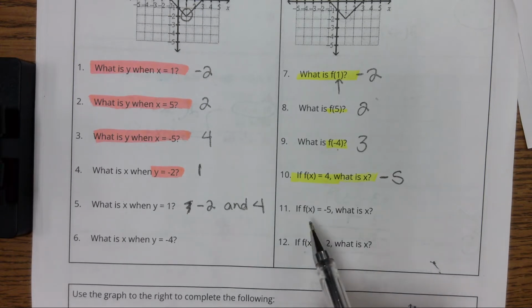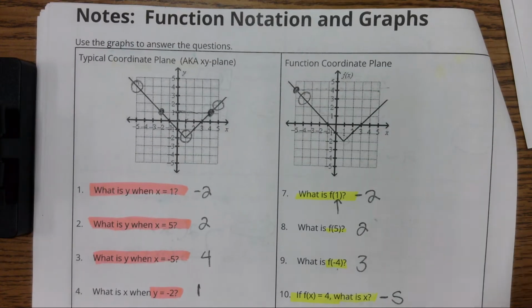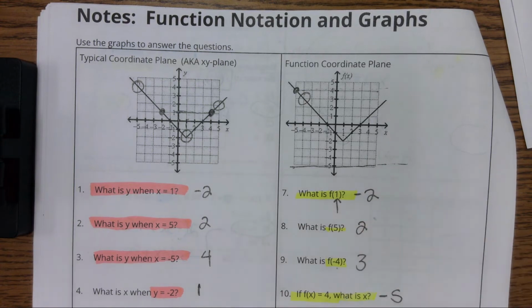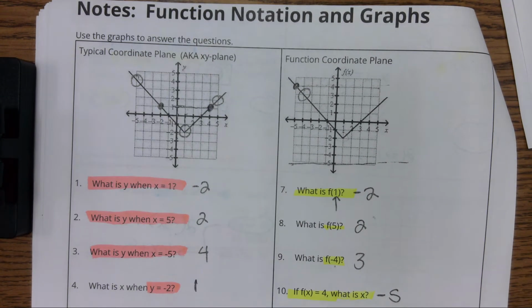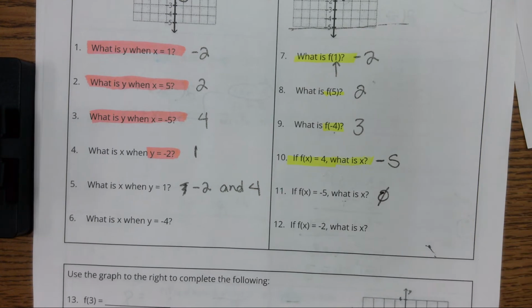If f of x equals -5, what is x? All right, let's go down here on the graph. -5, uh-oh, what's the problem here? Are there any y values on the graph that have a y value of -5? No, there are none. So I'm going to write, have I told you what that symbol is? Yeah.